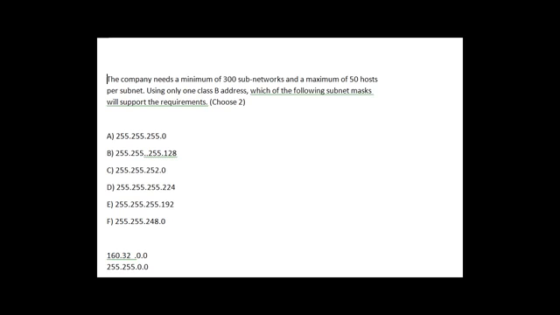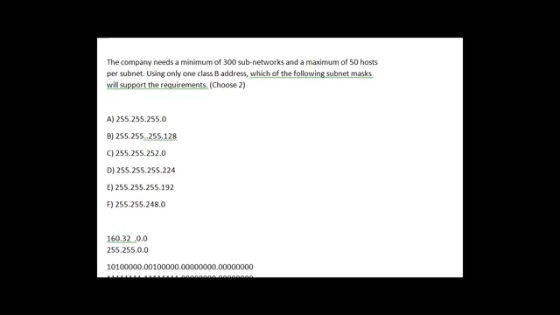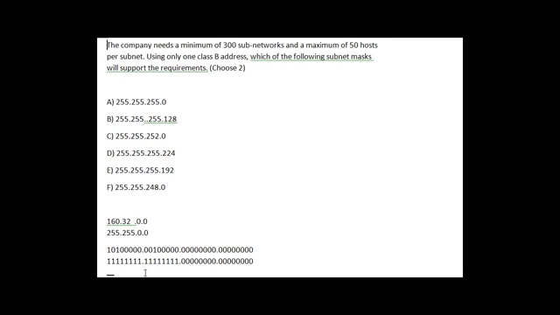So from that starting point, we break it down into binary. Now we can see the binary. This top line is the binary for 160.32.0.0, and the bottom is the subnet mask in binary. Right off the bat, we're not going to deal with the first two octets.